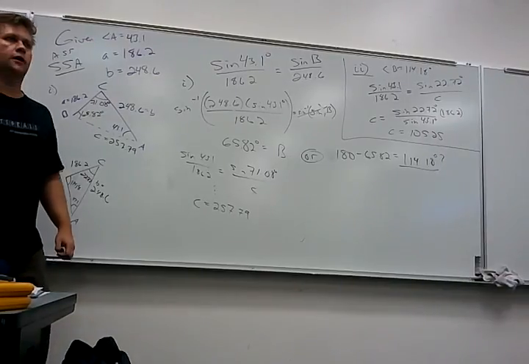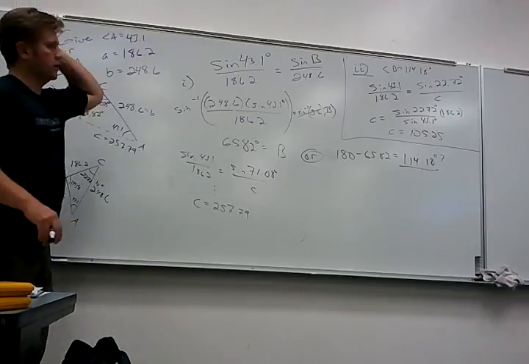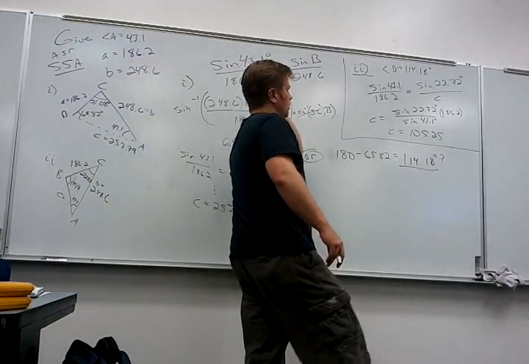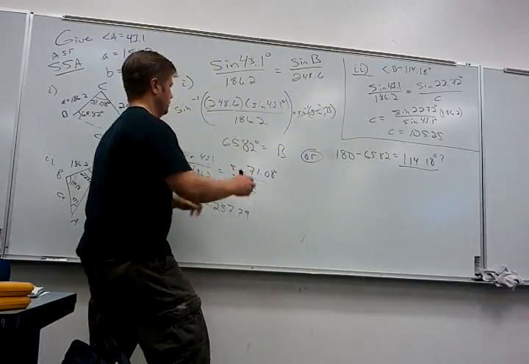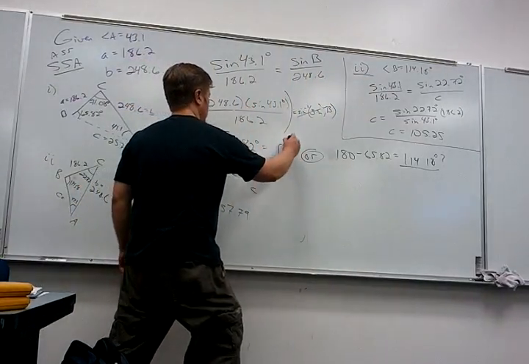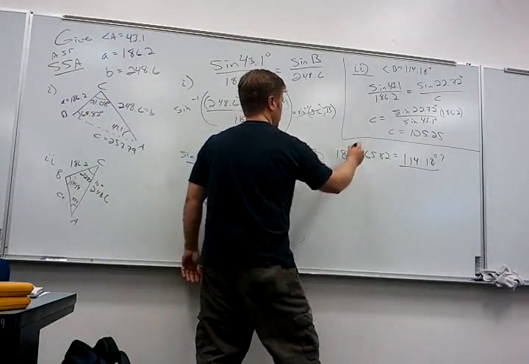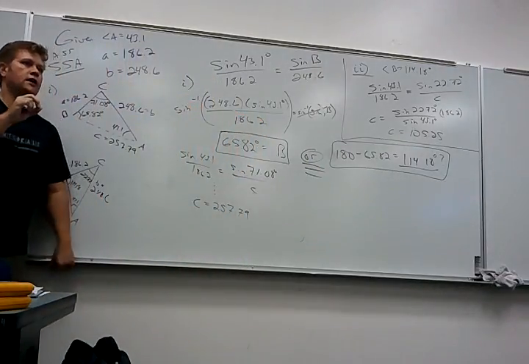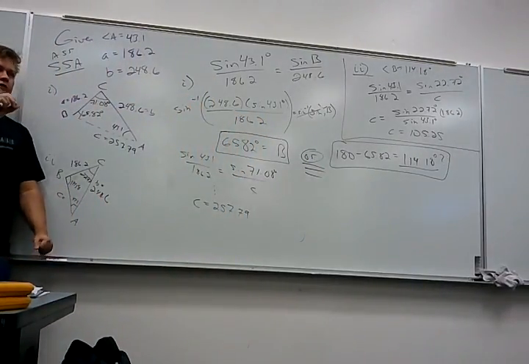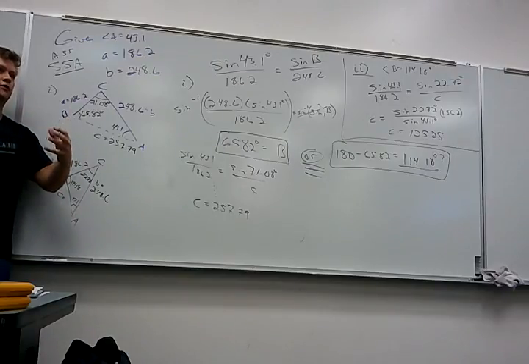Is that for both times? Say again, sorry? This here? Yes. So again, we got this directly from what they gave us, or it could be this. Because when I do an inverse sine, it gives me reference angles. It doesn't give me every possible angle, so I have to be careful.